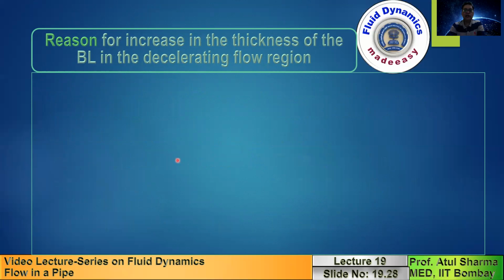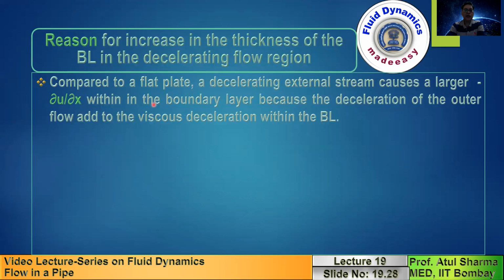Now in this slide, I'll discuss the reason for the increase in the thickness of the boundary layer in the decelerating flow region, compared to a flat plate, with a decelerating external stream. As I mentioned, deceleration can occur when the streamlines near the solid surface are expanding. It's like the cross-sectional area between two streamlines near the solid surface is increasing.